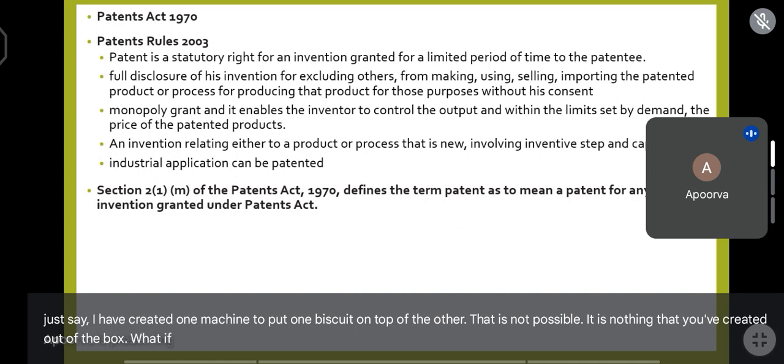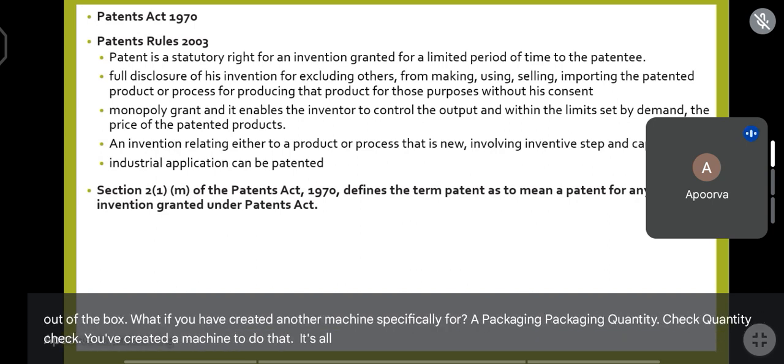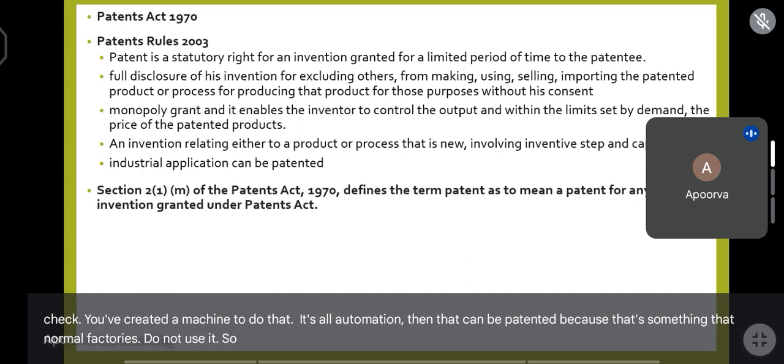What if you have created another machine specifically for quality check, quantity check? You've created a machine to do that. It's all automation. Then that can be patented, because that's something that normal factories do not use. So basically, it is a process.